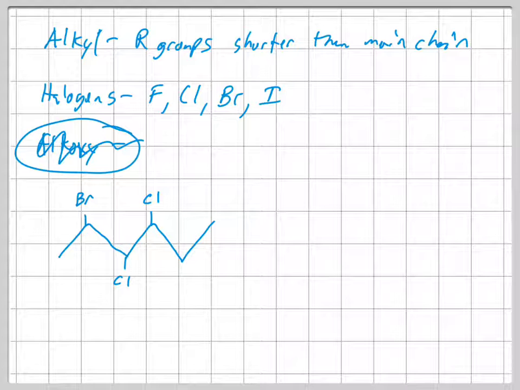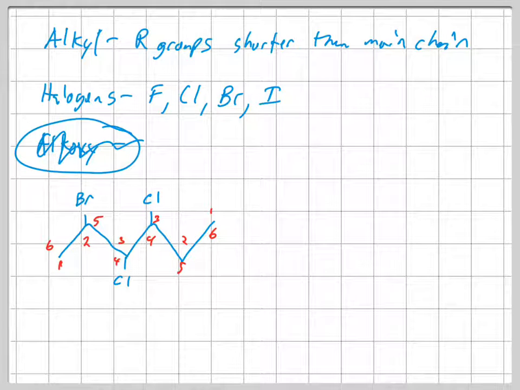By using the naming conventions, and we have talked this through in class multiple times, I just want to make sure that we're reviewing this so we know. We would count out the carbons in the longest chain. Find the longest chain. Here it's 6. 1, 2, 3, 4, 5, and 6. We want to number the chain because we could number it the other direction. 1, 2, 3, 4, 5, and 6.